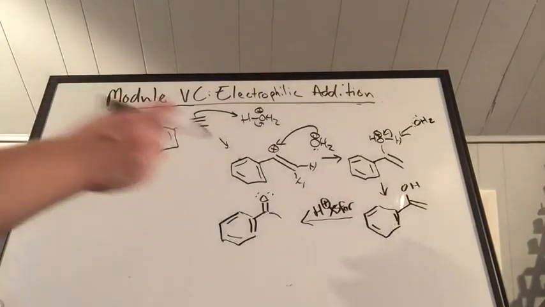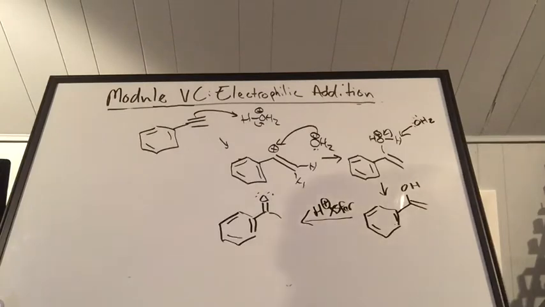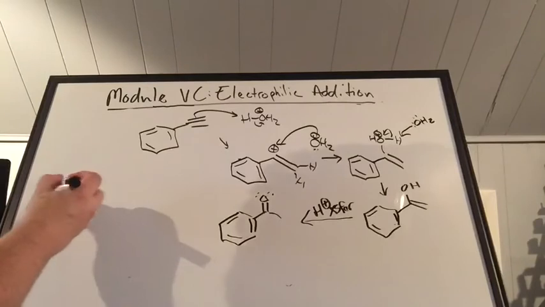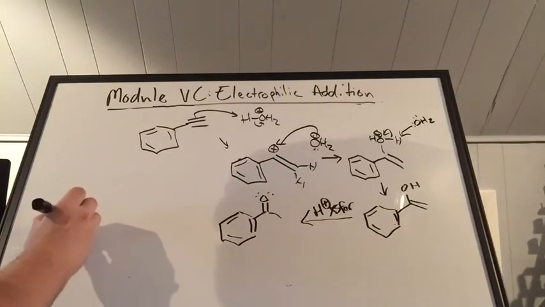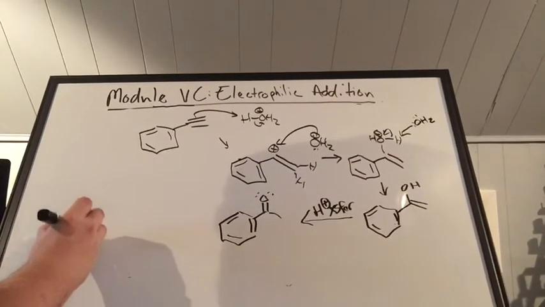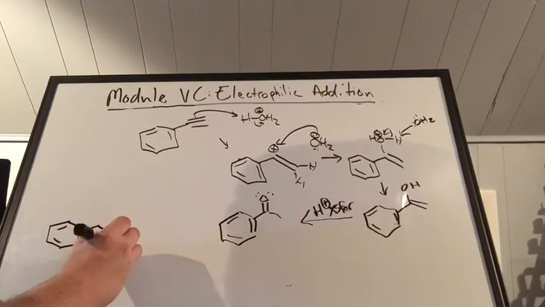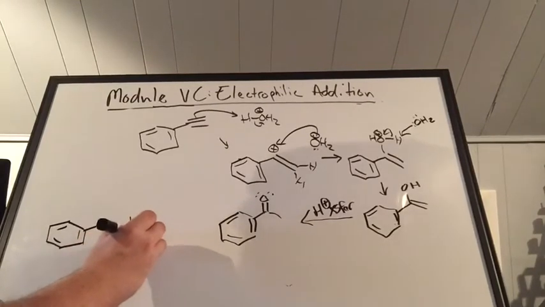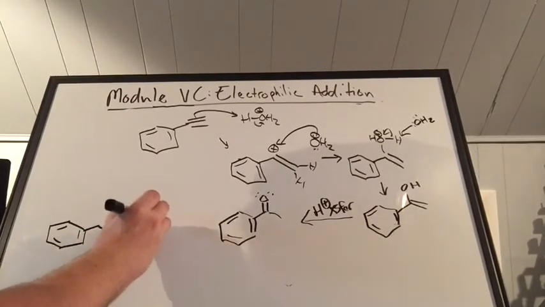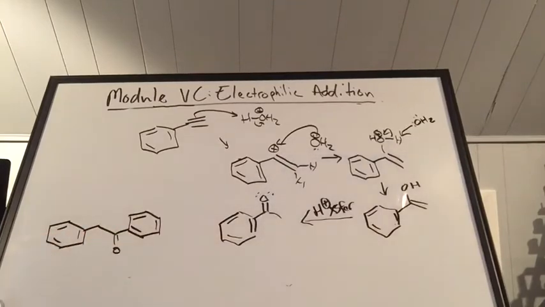Okay, so we'll see some other examples of hydration of an alkyne later. But let's do a little bit of review before we go back to some review examples. Let's try to envision what we would use to form phenylacetylphenone. Okay.